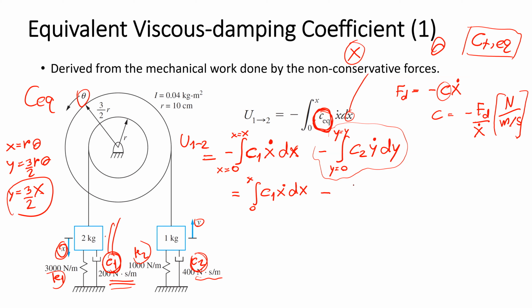So here, if we consider x from 0 to any x, we change dy to be x, C2 is still C2, but y dot will be 3/2 x dot, and dy is also 3/2 dx.